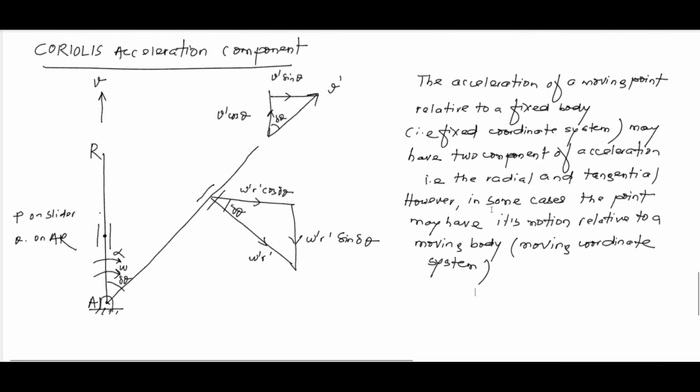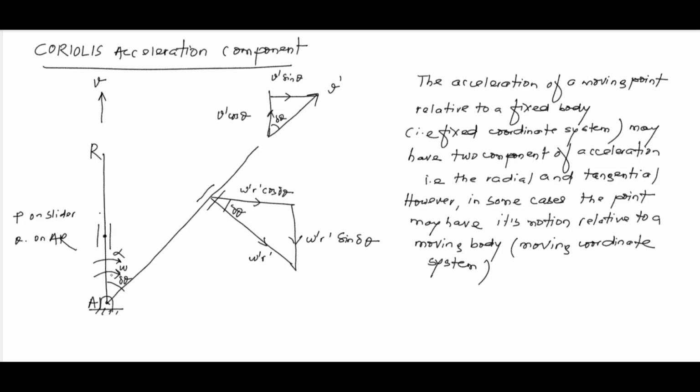For example, here actually what it is telling is that till now we found the acceleration component of a moving point relative to a fixed body, in earlier cases like our slider crank mechanism. But we have certain instances, for example, here we have a slider on a rod AR.